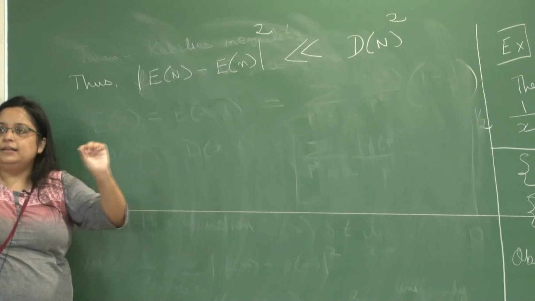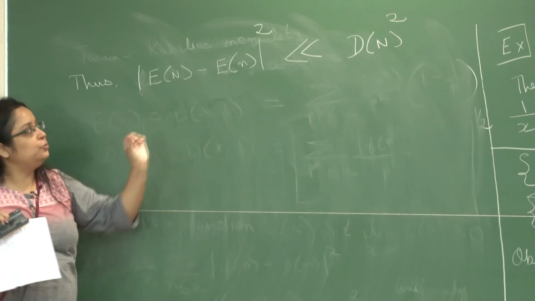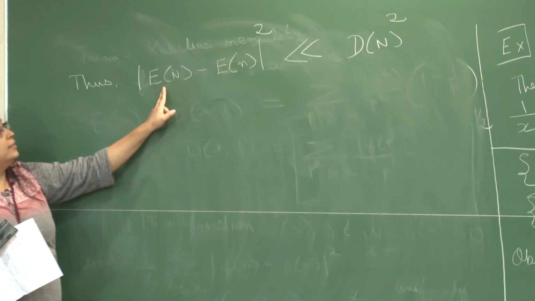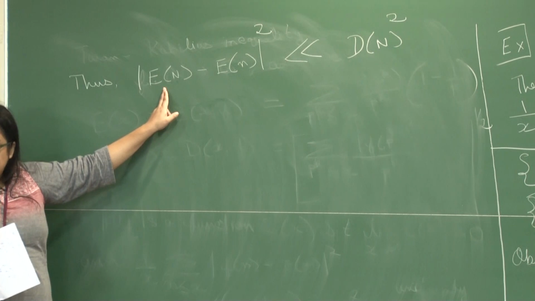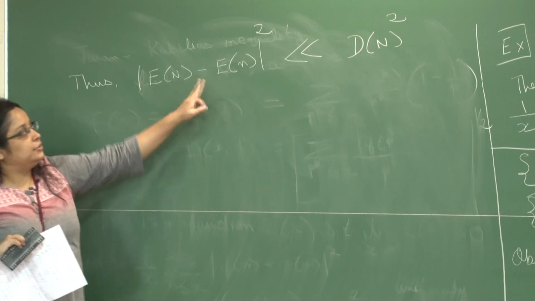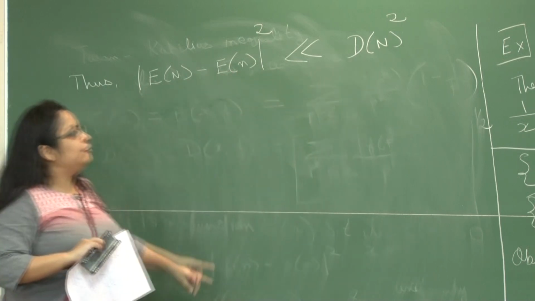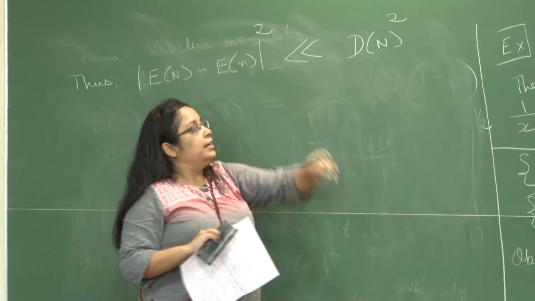For a typical integer lying in the set 1 to N, how far does it deviate from the expected value of the function? This is what this quantity is trying to measure. And so this is a bound that you have. This can be expressed in terms of D of n square.